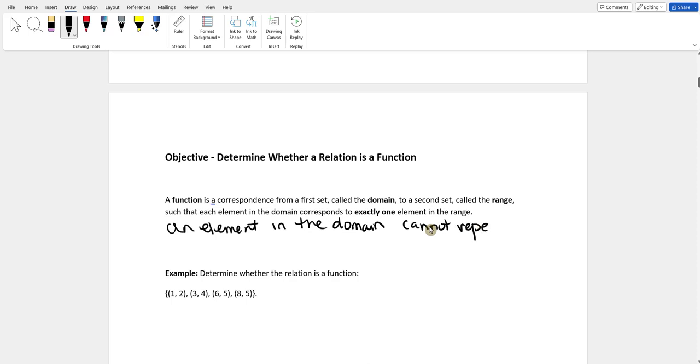If you have a bunch of ordered pairs and you see that some of the x values repeat, then this will not be a function. So if it does repeat, it is not a function.